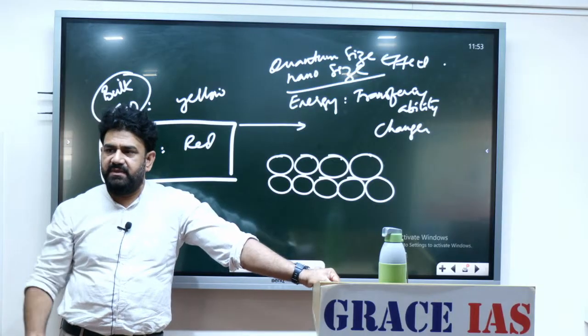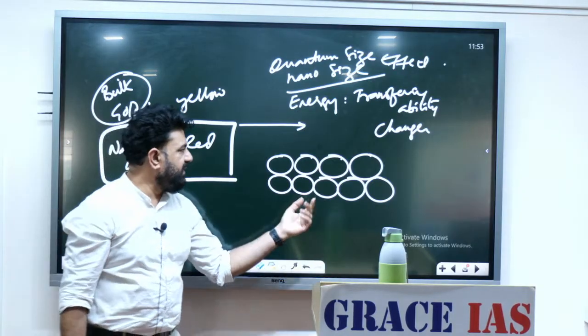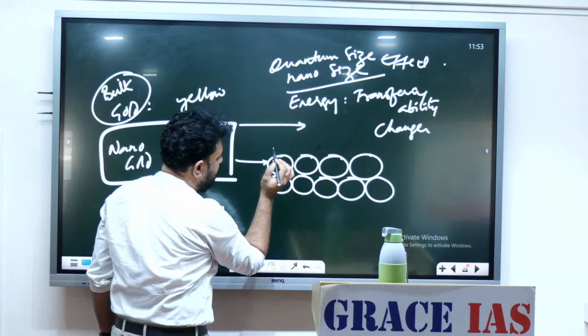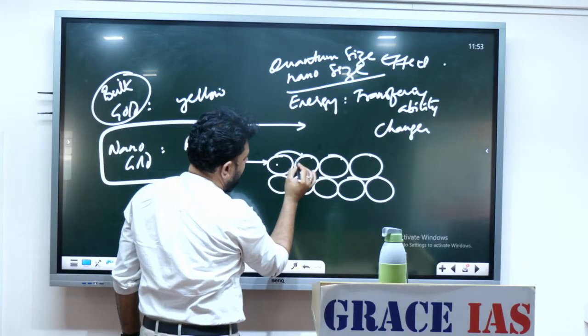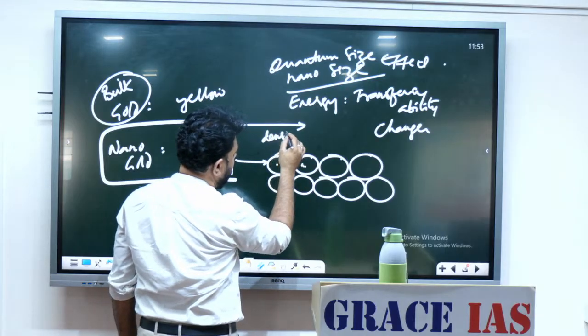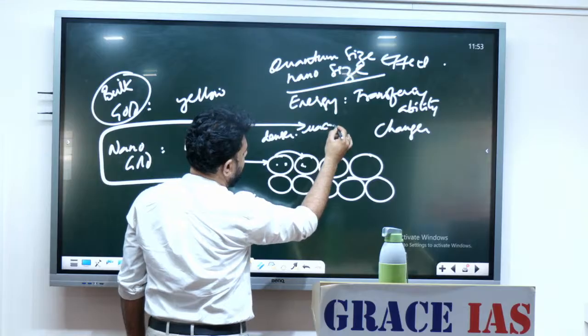In simple terms, try to understand. Energy bandwidth, for example, there is energy here. This has to absorb the energy and transfer the energy, and the distance is so less because it is a denser macro large object.